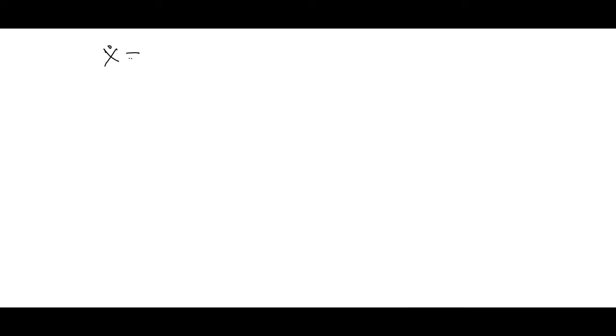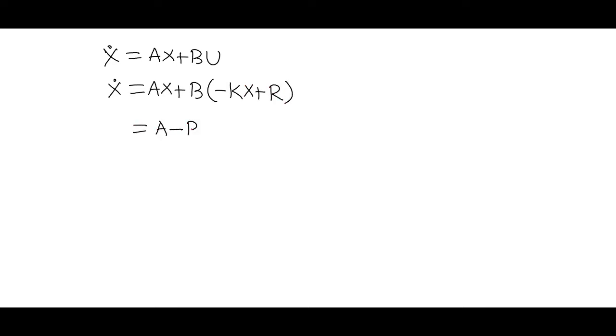x dot equals A x plus B u, with u equal to minus K x plus r. So, that is A minus B K times x plus B times r.